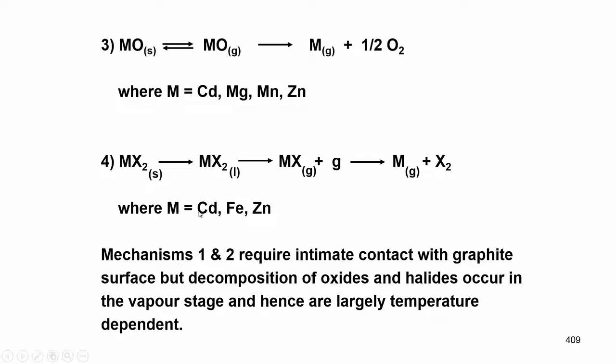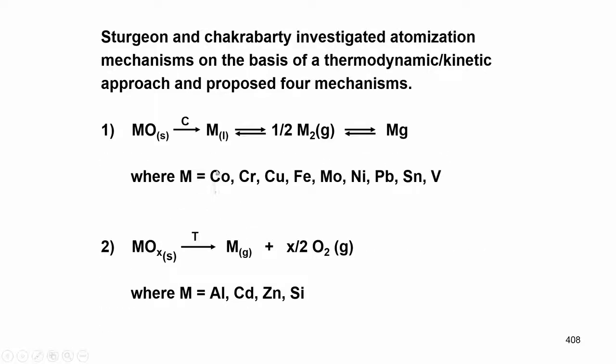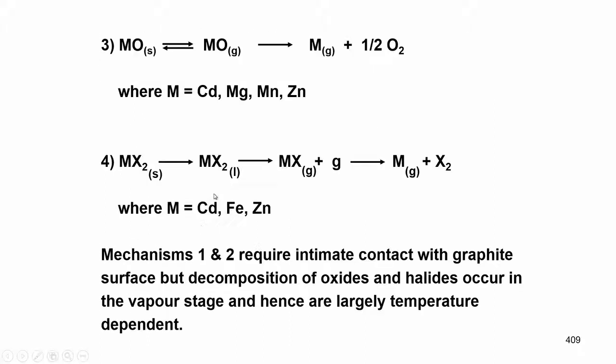Here M could be a metal, such as cadmium, iron or zinc. Mechanisms 1 and 2 require intimate contact with the graphite surface, but in the third and fourth it is only the conversion of solid into gas.